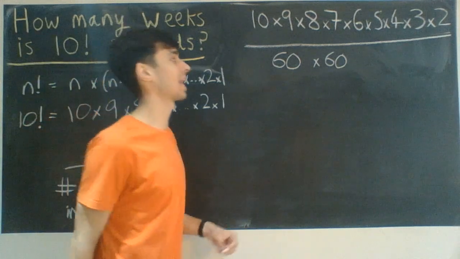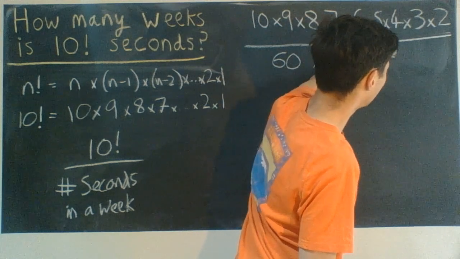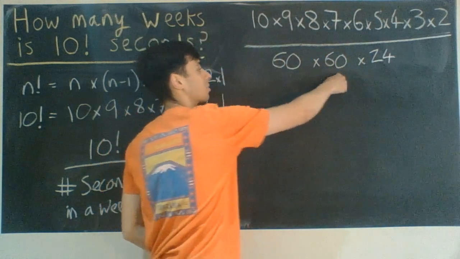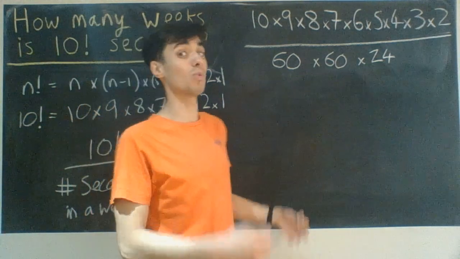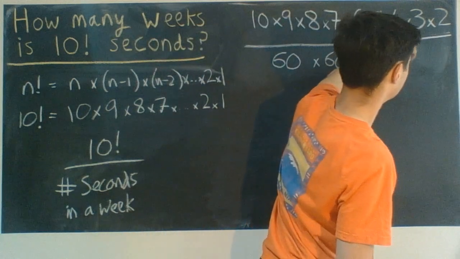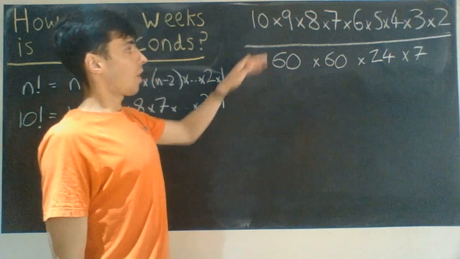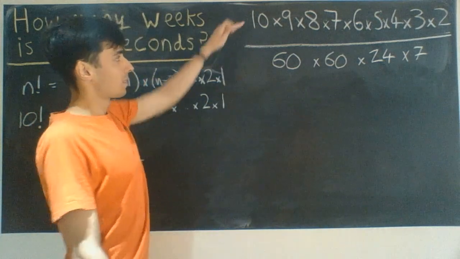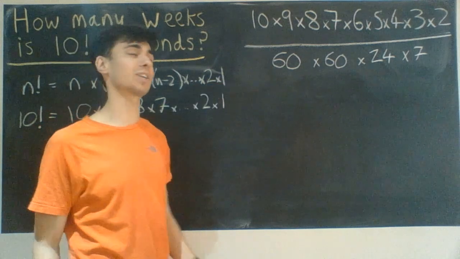Now we need to go up to how many hours there are in a day, and it's 24. That would tell us the number of seconds in 1 day. And lastly, we need to go up to the whole week, so we need to times this number by 7 on the bottom. Our answer looks exactly like this then. This is 10 factorial, and this is dividing it by the number of seconds in 1 week.